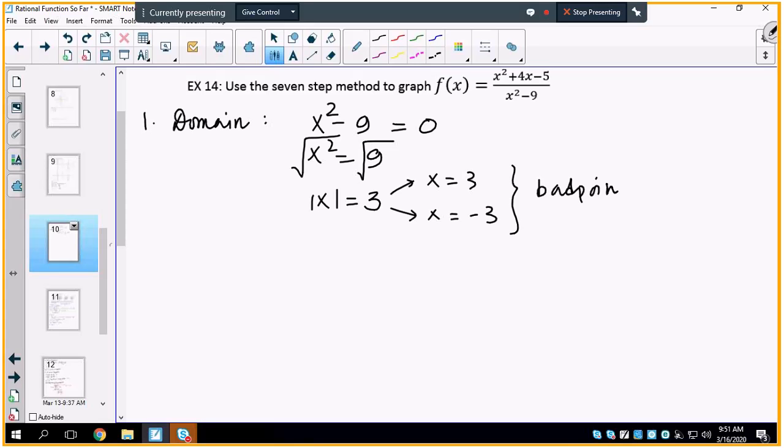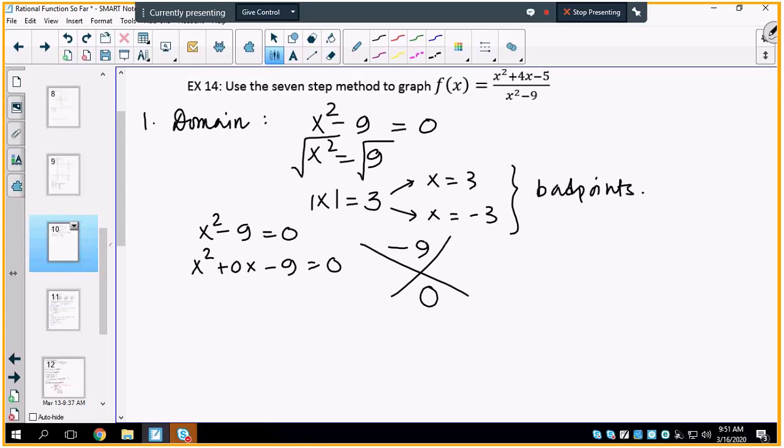And this is if you don't want to factor. But I always suggest you factor because it is going to help you in future steps. So what if I want to factor? I will say x squared minus 9 equal to 0. Then remember, we can write it as x squared plus 0x minus 9 equal to 0. So I need 2 numbers that multiply to negative 9 and add to 0, because of the middle term's coefficient 0.